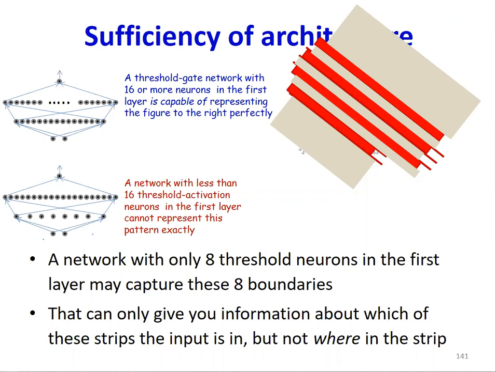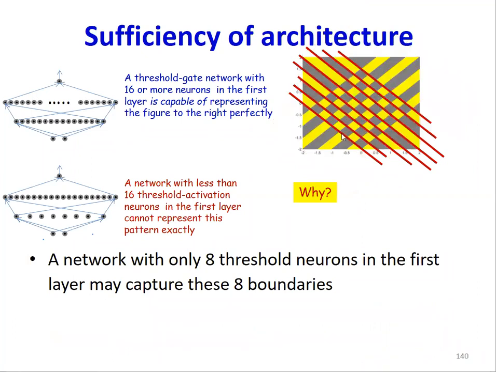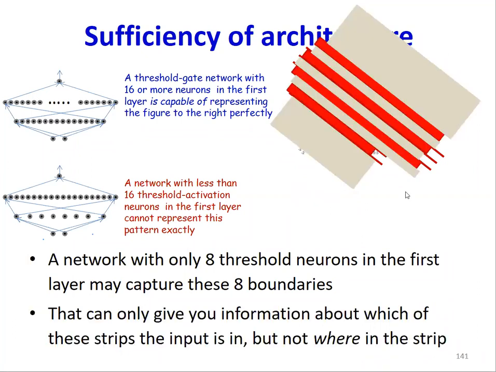That information has been lost. And therefore, at this point, you no longer have any information about these divisions along the other line, right? You simply cannot reconstruct it no matter how many neurons you have in the layer, right?